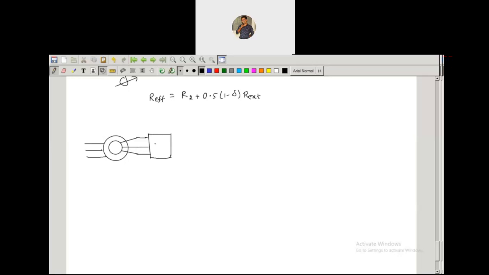I am not drawing the entire circuit diagram, I am just representing it with one box with a diode, which means it is an uncontrolled rectifier. It is connected to the resistance circuit through an inductor to make the ID current ripple free. This is the external resistance to be added.